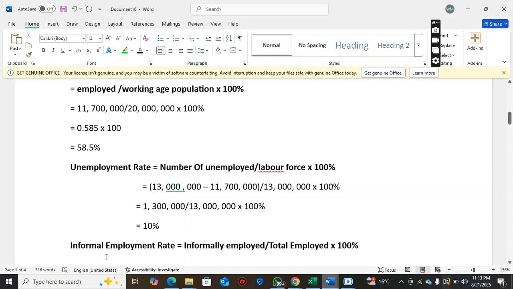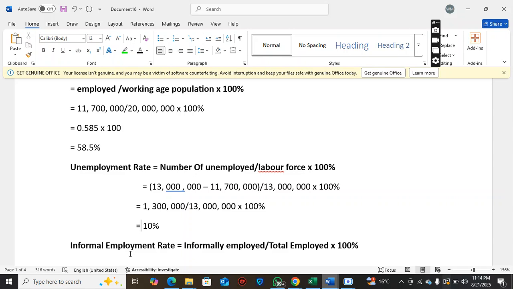Then you've got the informal employment rate. Out of the employed people, how many are informally employed? Informal employment is the type which is not governed by any laws or regulations. For example, if you hire a garden boy for 700 kwacha per month, that's informal employment. You don't pay his NAPSA, you don't pay any taxes for him, he hasn't got any gratuity afterwards.